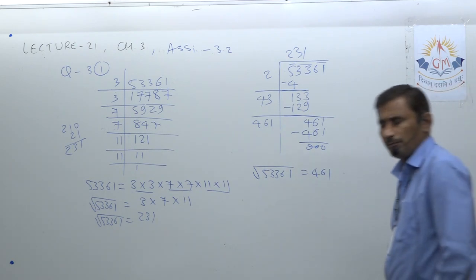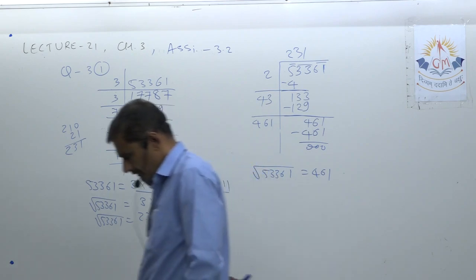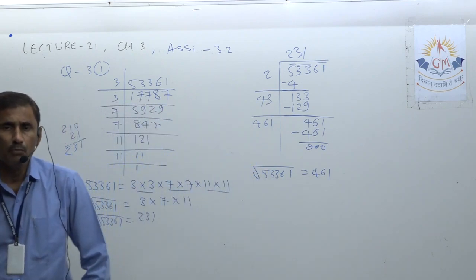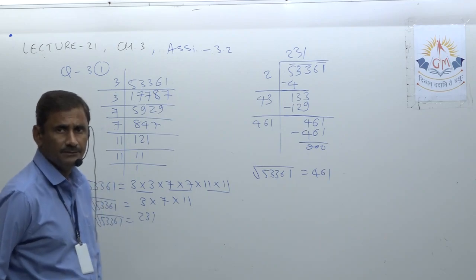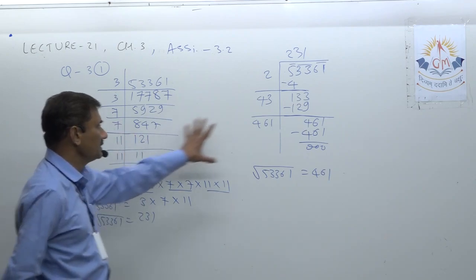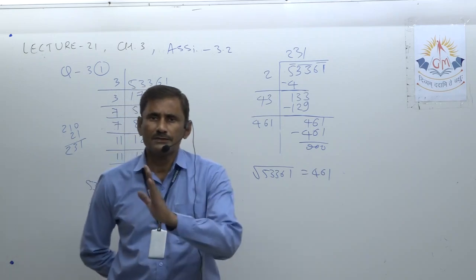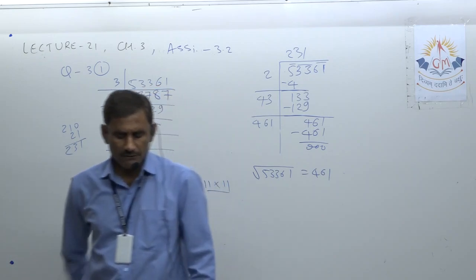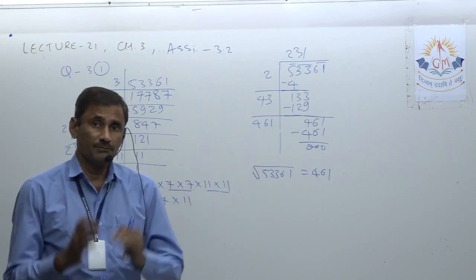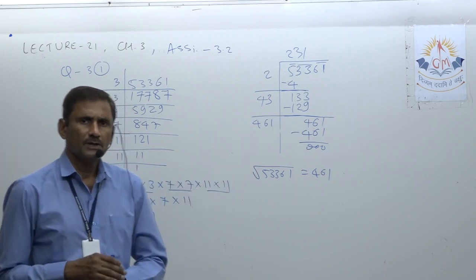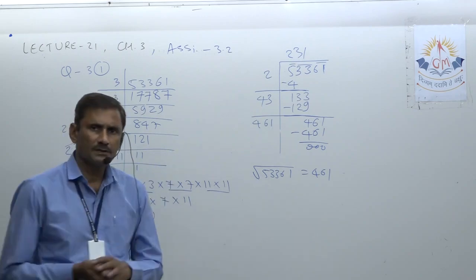Okay, I hope now you understood both methods of finding square root. First method, prime factorization method. Second method, long division method. Whenever the number is very long, very big, at that time you should prefer the long division method. Why?